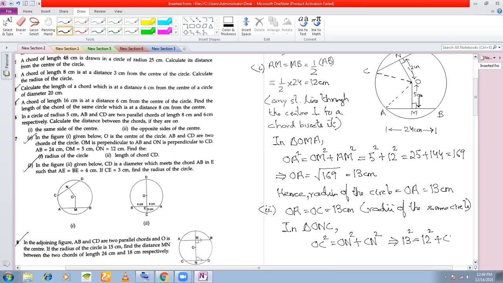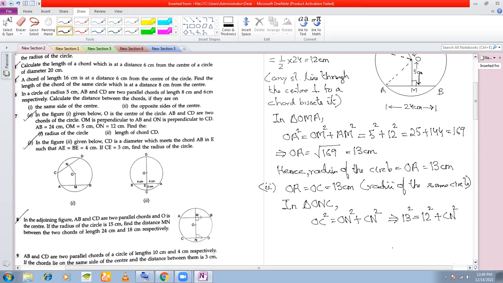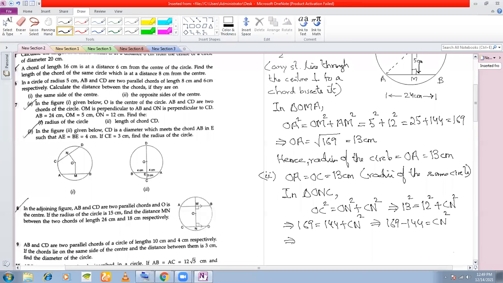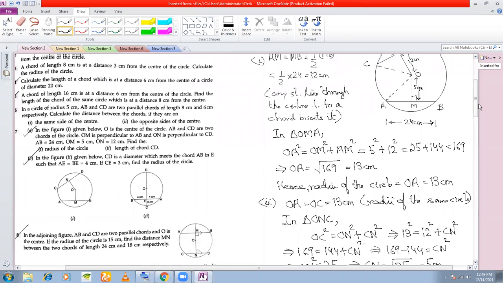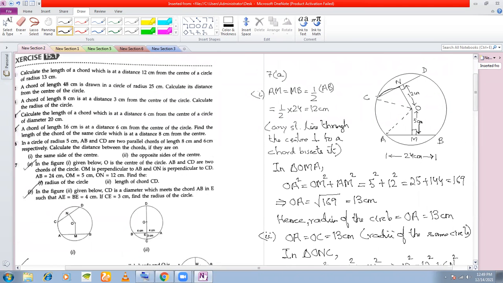CN we need to find out. So 169 is equal to 144 plus CN square. That means 169 minus 144 is equal to CN square, which is 25. So CN is the square root of 25, which is equal to 5 centimeters. So we have found out this length, CN.